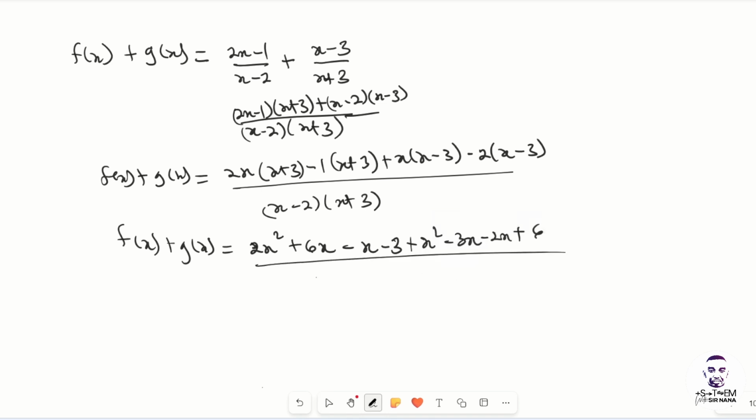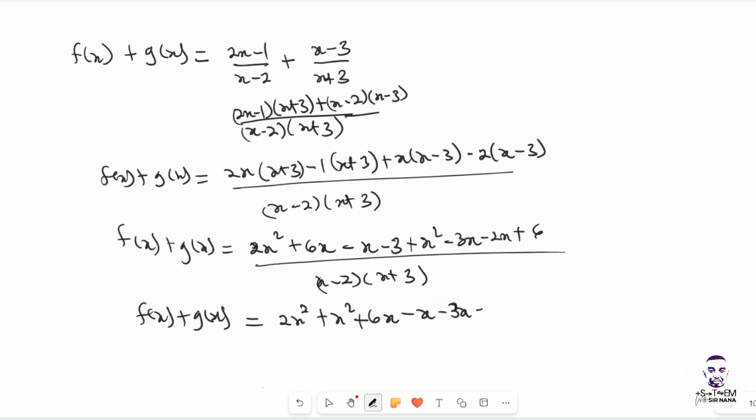So all this over x minus 2 and x plus 3. So we have our f of x plus g of x to be equal to, let's group like terms. So in this case we have 2x squared plus x squared plus 6x minus x minus 3x minus 2x minus 3 plus 6 all over x minus 2 and then x plus 3.